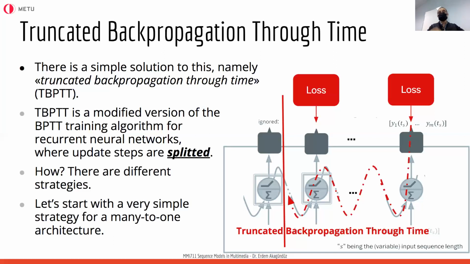How? There are different strategies. I cannot tell you that this is the usually correct way of training RNNs. I mean, this is a fundamentally important method. You may want to apply it, but before I tell you what truncated backpropagation is, because it's important that you theoretically understand it, I must tell you that the difficulty of training recurrent neural networks was not solved by truncating the backpropagation through time algorithm.